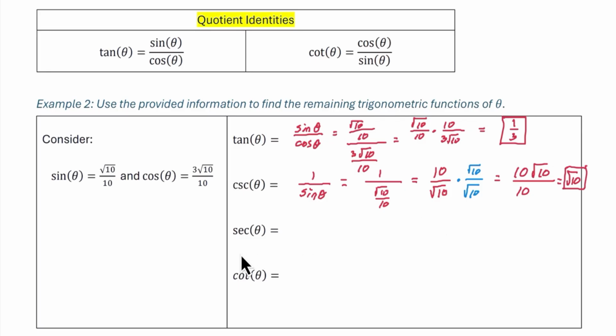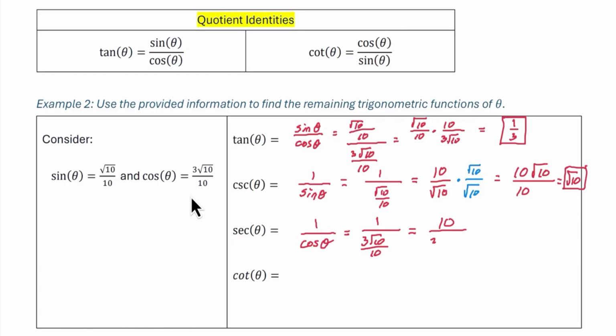Up next, we have secant theta. Remember that secant theta, we can look at the reciprocal identity. We know that secant theta is 1 divided by cosine theta. And in this case, we were told what cosine is. Cosine is 3 square root 10 divided by 10. We can again flip that fraction. Since we have 1 divided by a fraction, we'll just flip the denominator.